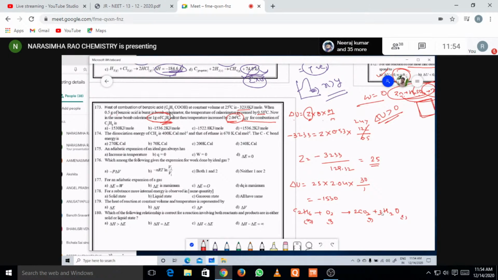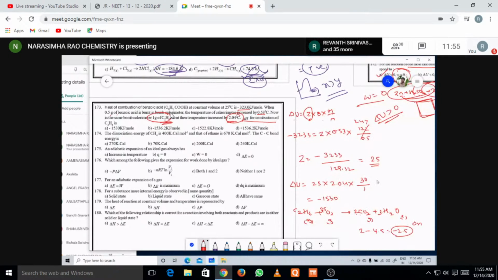Now oxygen: 4 plus 3, 7 means 3.5. The products are 2, so 2 minus 3.5 plus 1, that is 2 minus 4.5, equal to minus 2.5, which is delta n.